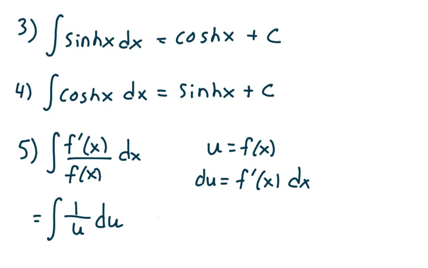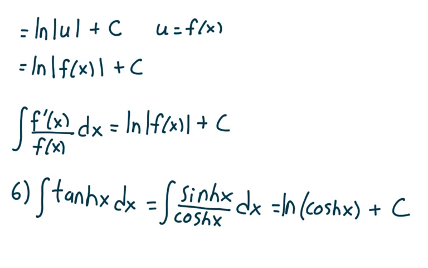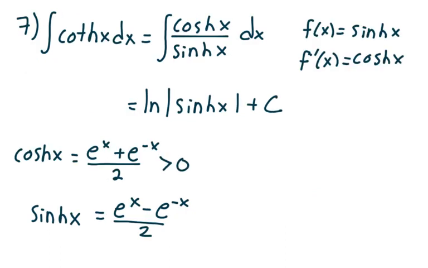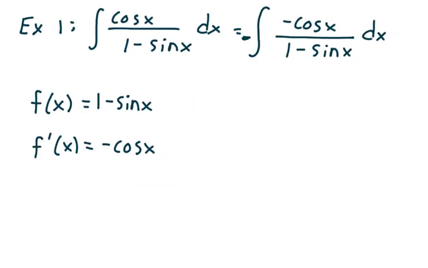Notice that the integral of f prime of x divided by f of x dx is equal to natural log of the absolute value of f of x plus c. Now, let's go back here. Well, that's going to equal negative natural log of the denominator, which is 1 minus sine of x plus c. So notice there, no u substitution. Okay?